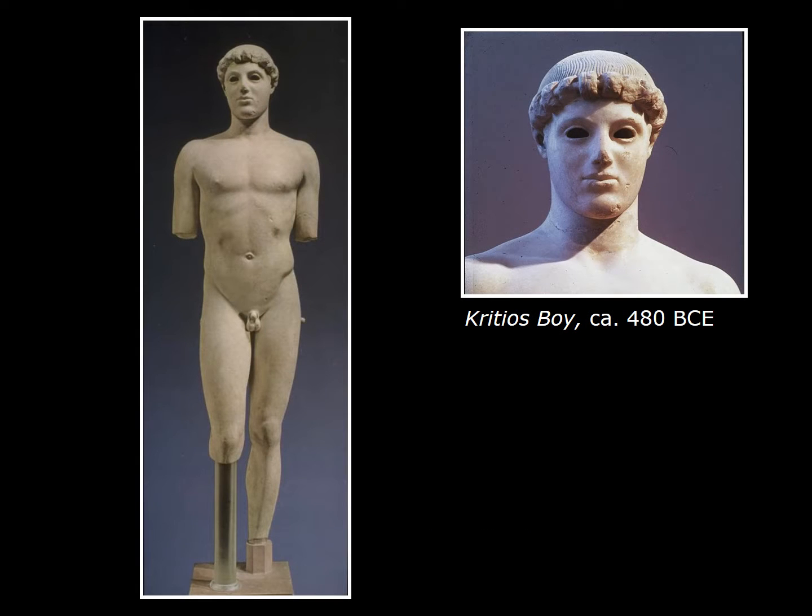Here's another sculpture, again showing the male nude form. This one is called the Critios boy. This is also a form of Kouros statue, which was excavated from the debris the Persians left behind after the sack of the Athenian Acropolis.